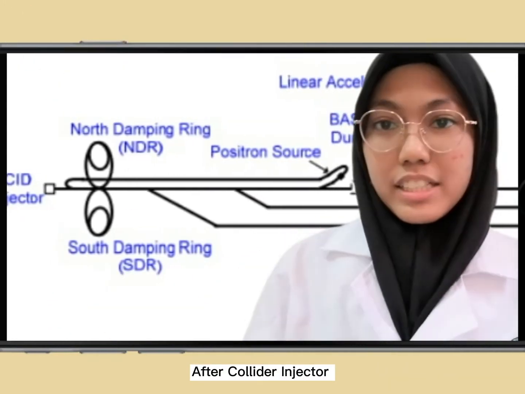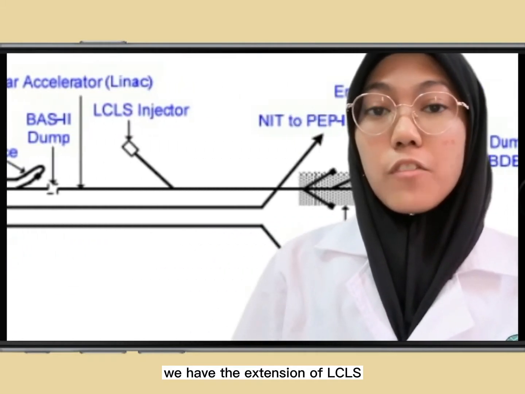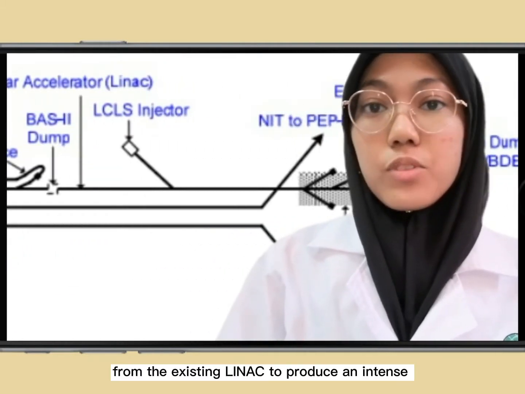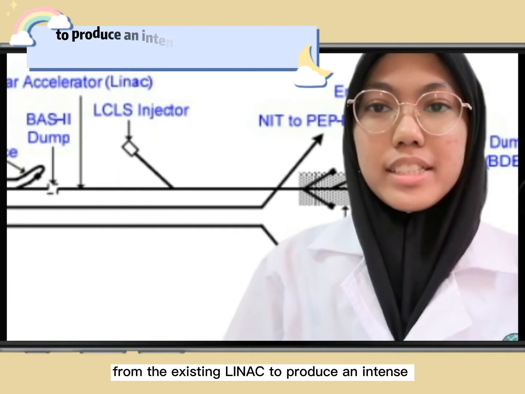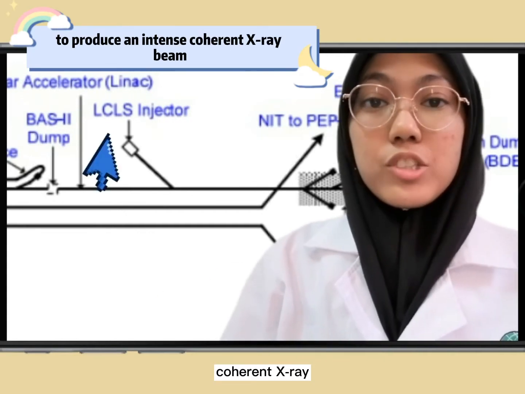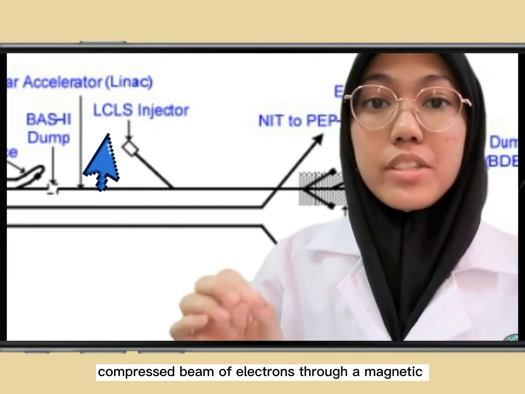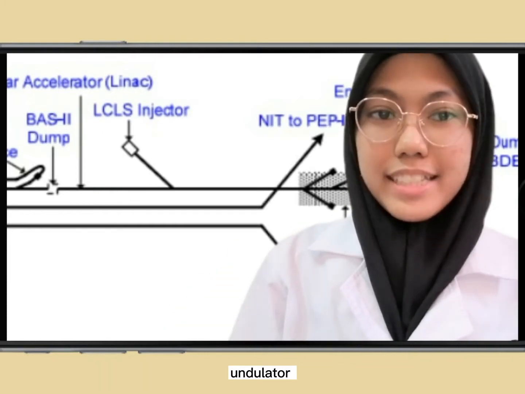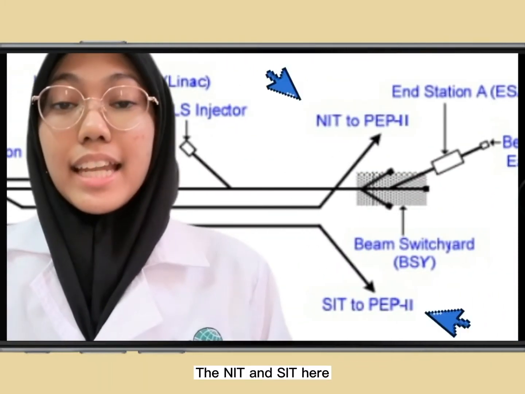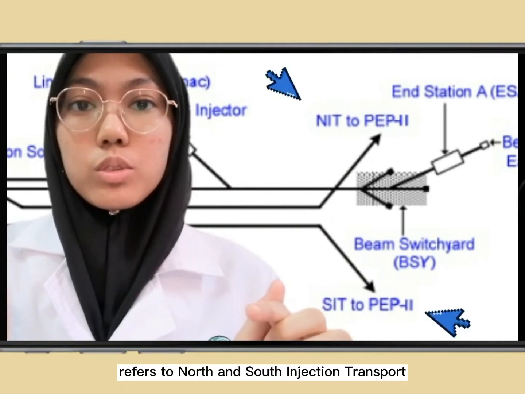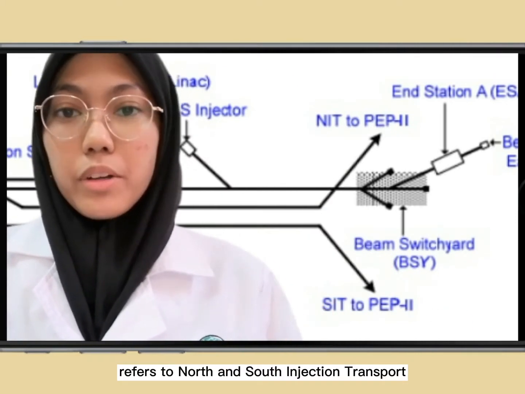After the collider injector, we have the extension of the LCLS injector from the existing LINAC to produce an intense coherent X-ray beam by transporting a compressed beam of electrons through a magnetic undulator. The NIT and SIT here refer to north and south injection transport.